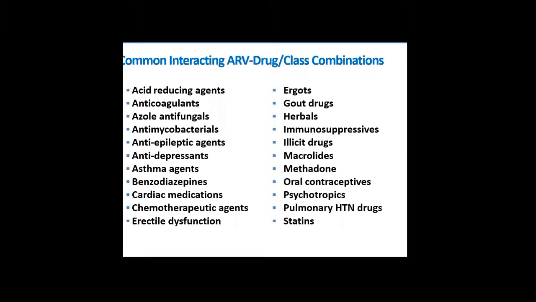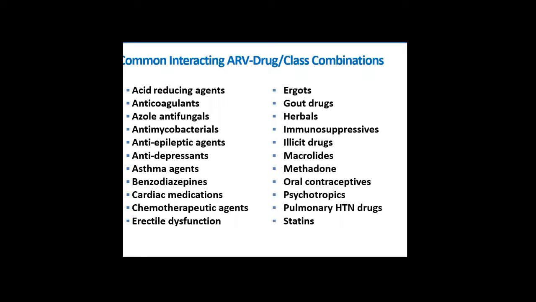So these are some common interacting antiretroviral and drug class combinations. This list is extensive, and I want to direct you to the antiretroviral treatment guidelines because they'll go through each of these drugs in a lot of detail that we don't have time for.